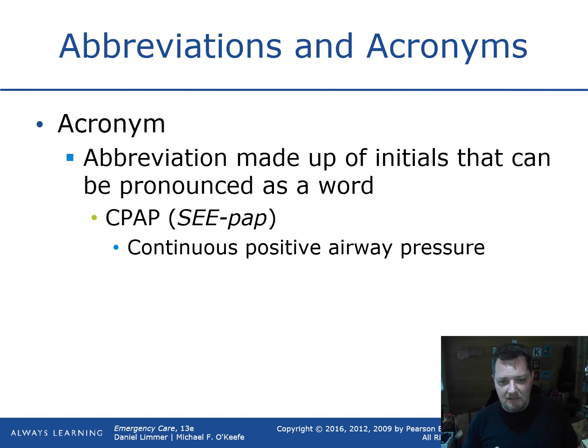SAMPLE is signs and symptoms, allergies, medications, last oral intake, and pertinent medical history, or past medical history, whichever one you want. MONA is another acronym that paramedics use. We use it in cardiology, where it stands for morphine, oxygen, nitro, and aspirin. Those are all acronyms.